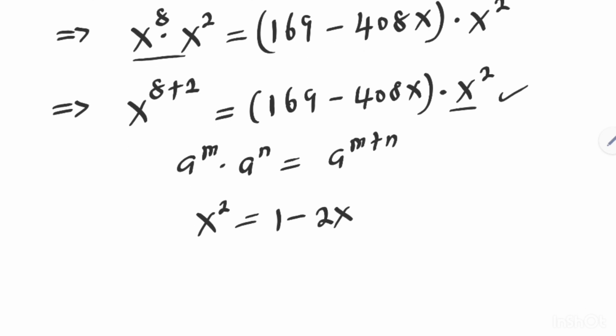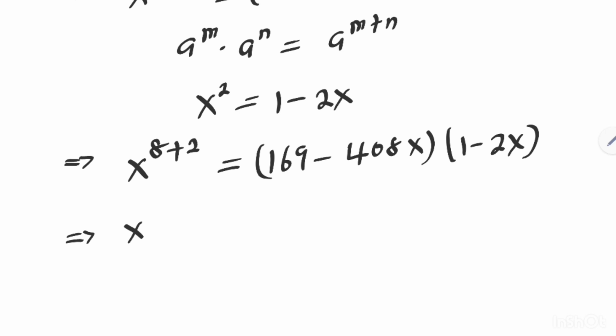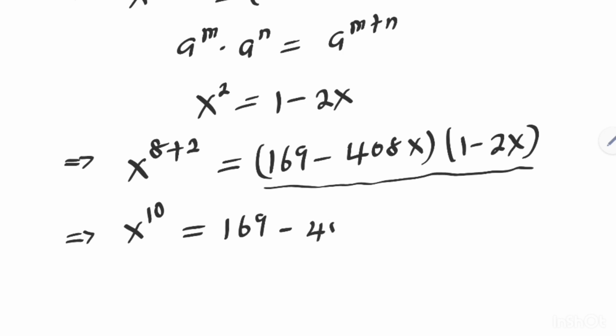Then the whole of this can be written as x raised to power 8 plus 2 is equal to 169 minus 408x bracket 1 minus 2x. x raised to power 8 plus 2, that is 10, is equal to, if you expand this, we have 169 minus 408x minus 338x plus 816x squared.